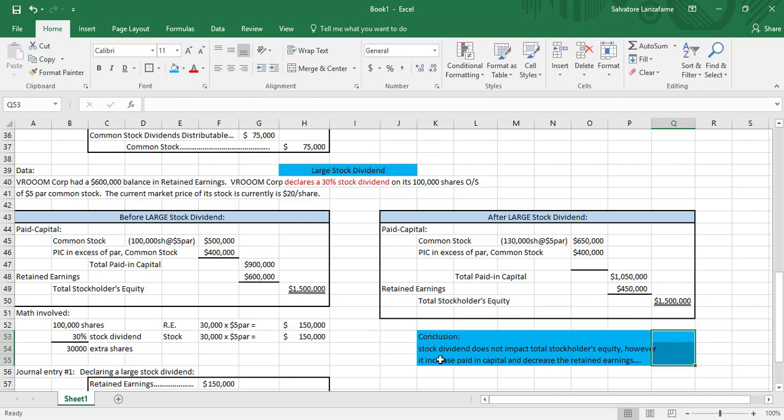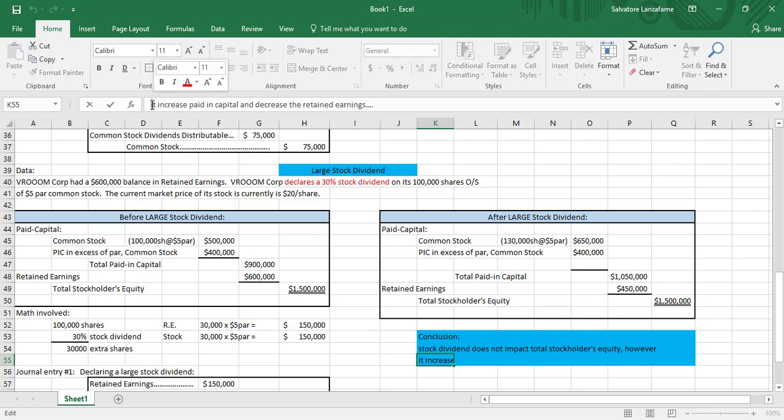Well, we need to change a little bit of that. It decreases only the retained earnings. So stock dividend does not impact total stockholders' equity.